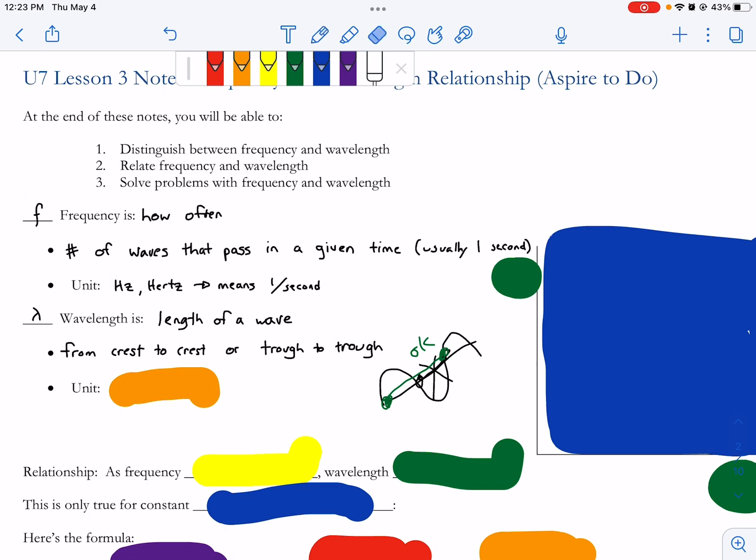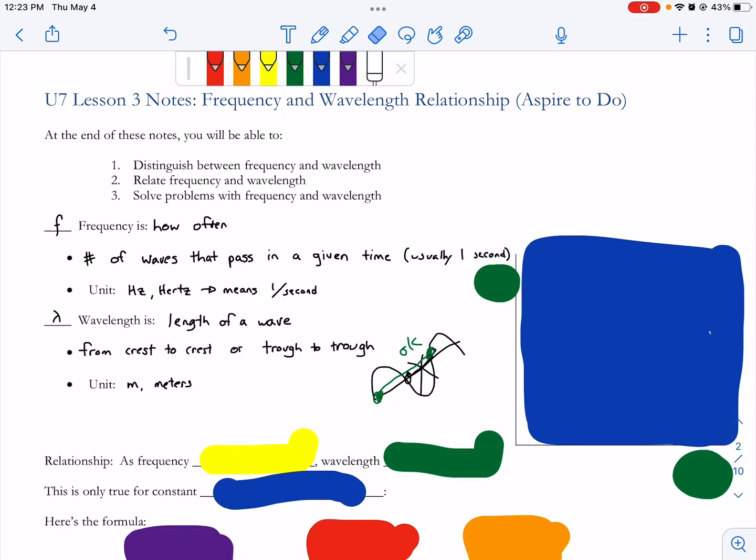When we measure the wavelength, it's a length, so it's just like any other length, and we measure it in meters. The way they're related is like this. When we put them on a graph, which you have seen in an activity probably, or will see, when you increase the frequency of a wave that is going at the same speed, the wavelength goes down.